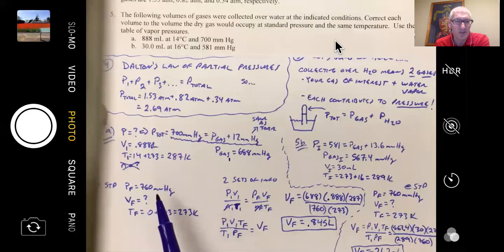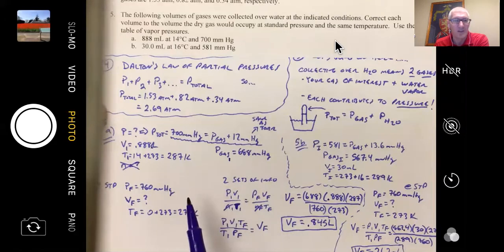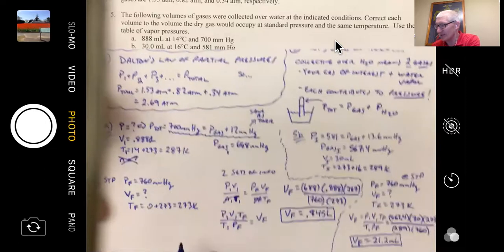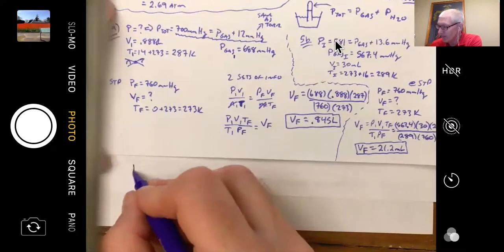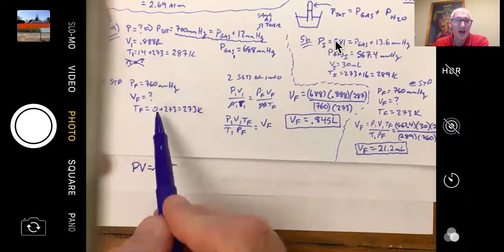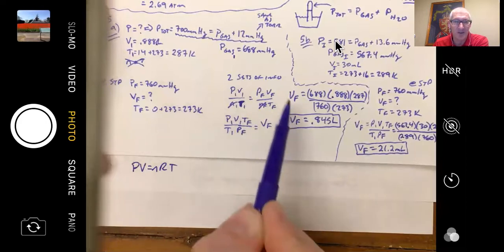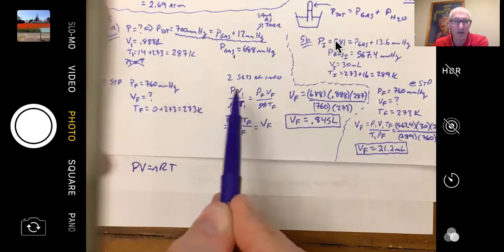And standard pressure is this, which is definitely different than the previous one. So instead of it being just one set of values, which would have kicked it over into PV equals nRT, it gave you 2 sets of values. And that's where the combined gas law is super useful, when you have initials and finals.